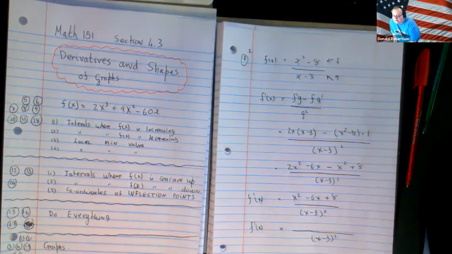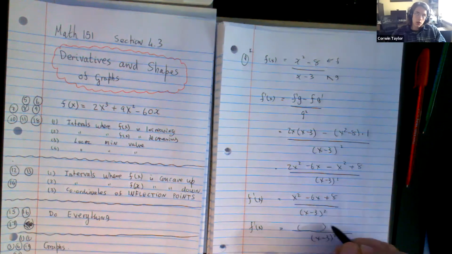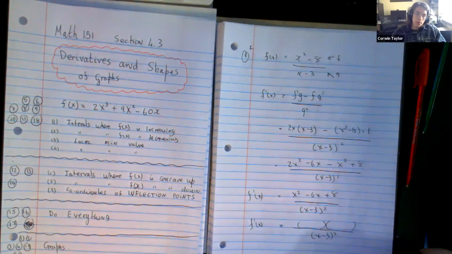Math 99. Can you see anything that we can do to the top that could make this nicer? Yes. And what's the factors? x minus 4, x minus 2.